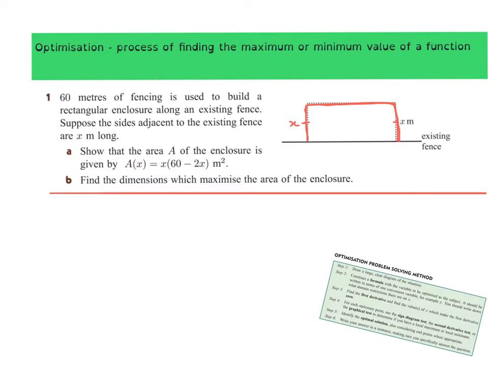The perimeter is adding all sides, so what we have to enclose is x plus x plus another unknown variable, which we're going to call y. That gives us the perimeter: 60 equals 2x plus y.